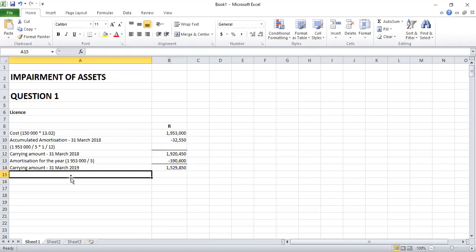Right. Now, the fact that there is a new license that has been introduced by the competitor, then we have to test for impairment. We have to test for impairment. Now, we have to determine what we call the recoverable amount.